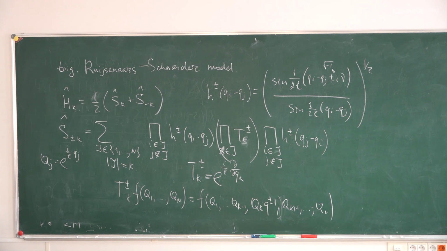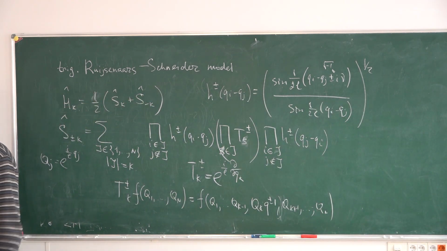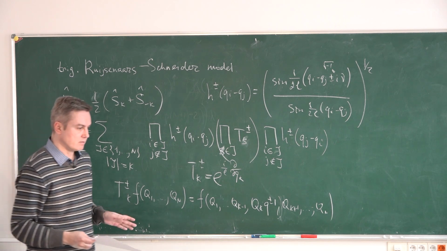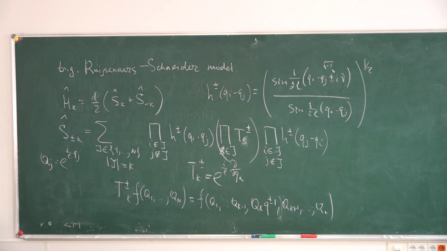So this is a definition of these quantum difference operators. And what Ruijsenaars showed in one of his original papers is that the set of difference operators commute.